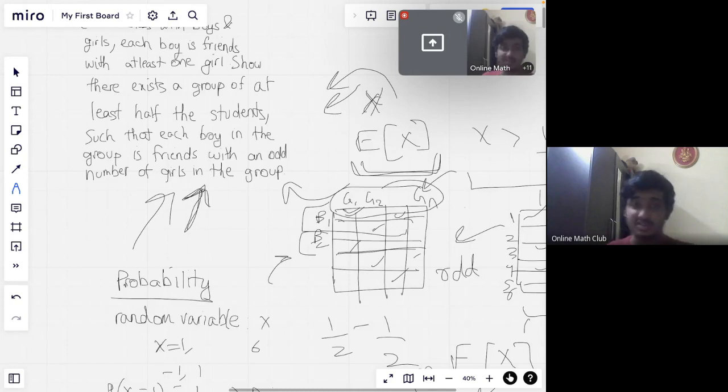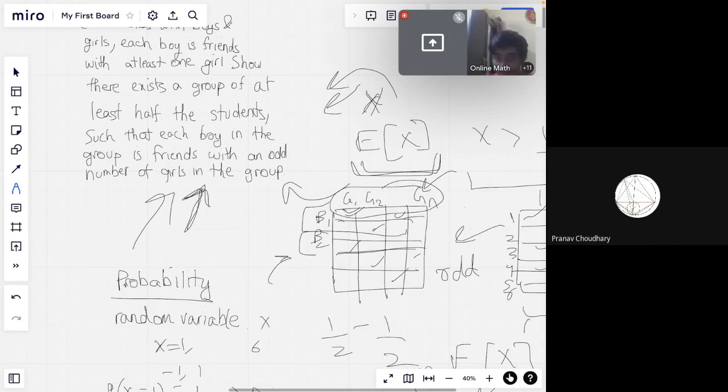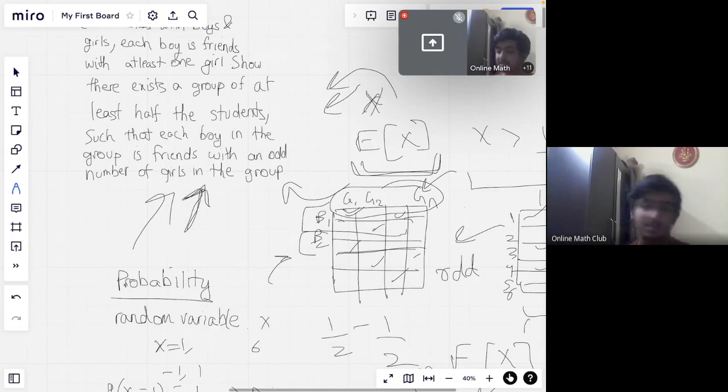And since we're choosing each person with probability half, the expected number of people in such a group is half the total number of people. So there is at least one such group with more than half the number of people. Yeah, got it.